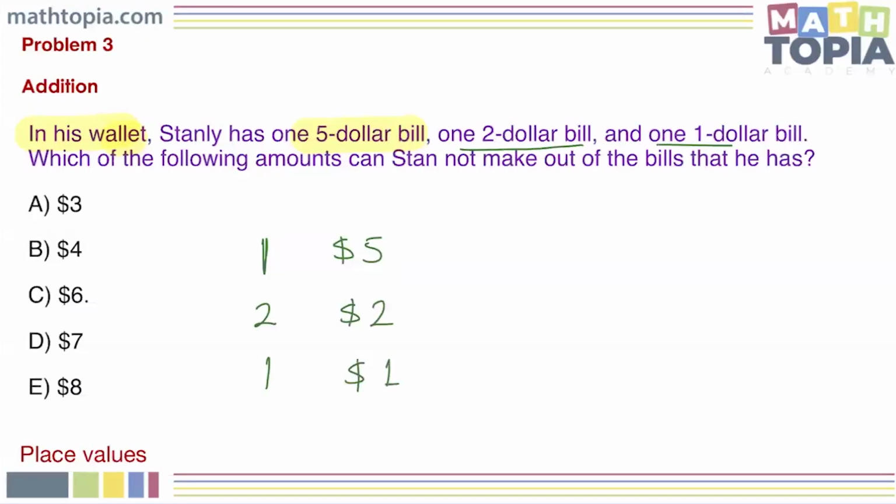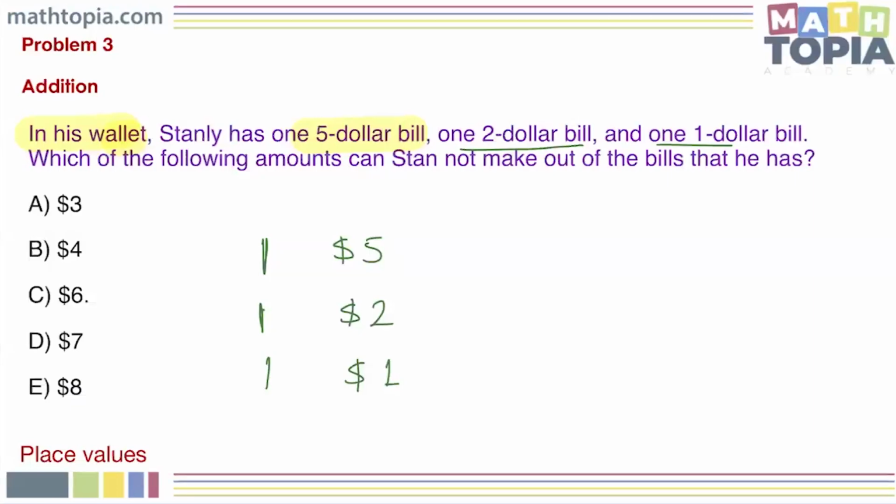Okay, he has one $5 bill, two, oh sorry, one $2 bill, I'm sorry, one $2 bill, right? And one $1 bill. Which of the following amounts can Stanley not make out of the bills that he has? This is the same Stanley or Stan, the same person.